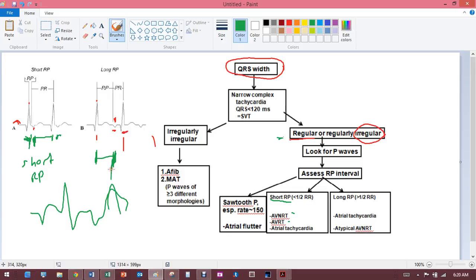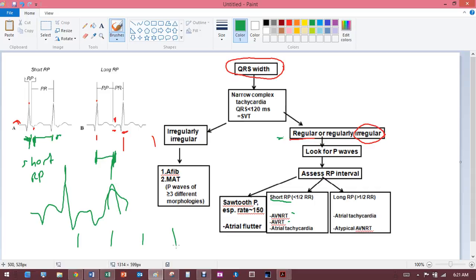You go from R to R, and if that ratio is the same, each R hitting about the same point, it's firing fast, but it has this really predictable, same RR, then you could say this is atrial flutter.